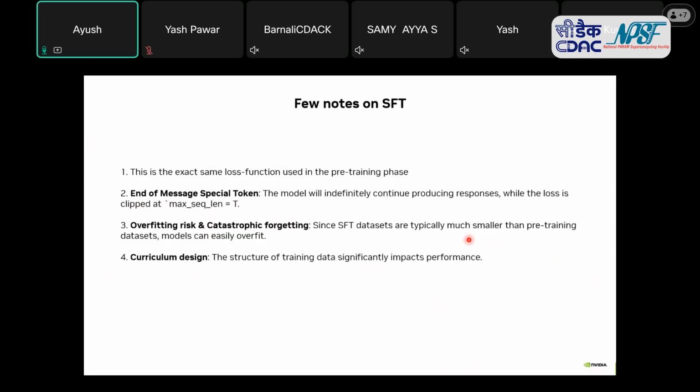In addition to this, aggressive fine-tuning may cause the model to lose its pre-trained general knowledge. Pre-training has happened over trillions of tokens. Now, if you do very aggressive fine-tuning, like setting the learning rate very high, then the model is going to forget the knowledge that it learned during the pre-training stage.